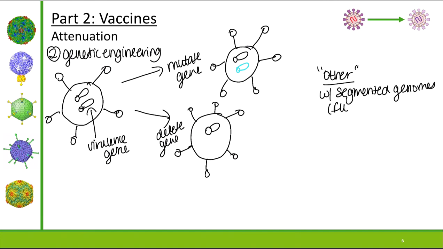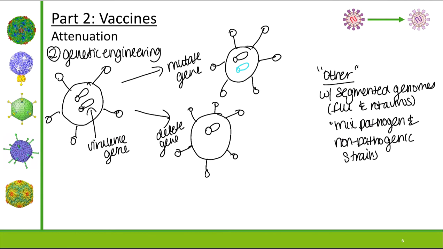For example, with flu and rotavirus, we actually mix pathogenic and non-pathogenic strains, and we let reassortment occur naturally in a cell line. Then we try to isolate viruses that will elicit an immune response but are non-pathogenic. So lots of different ways that we can do attenuation here.